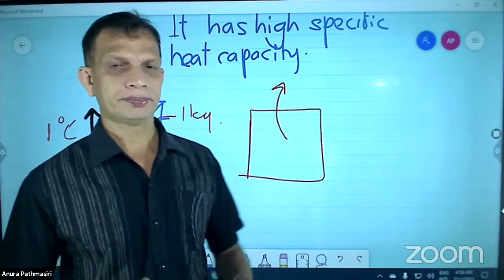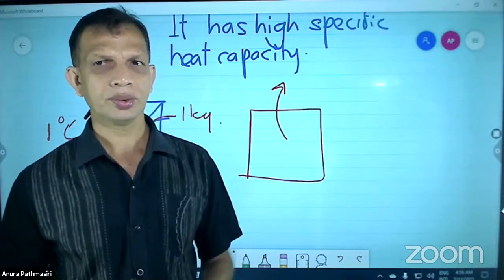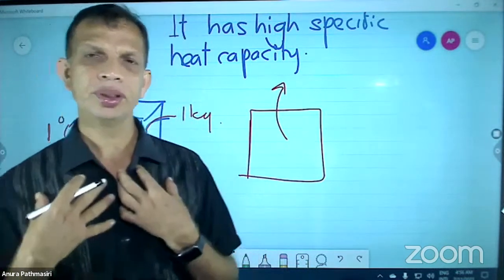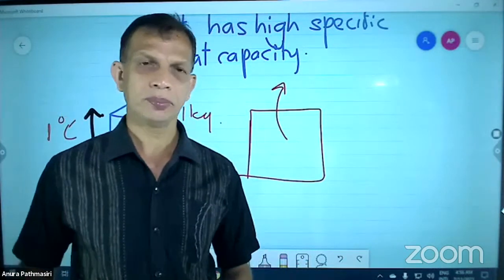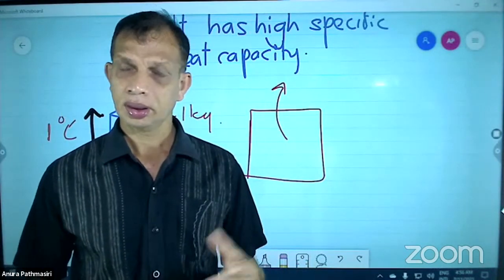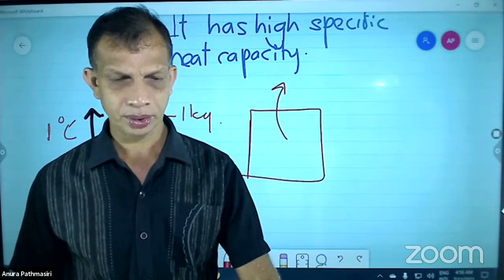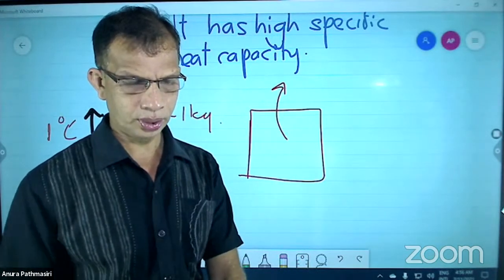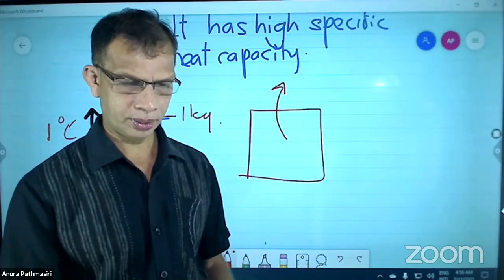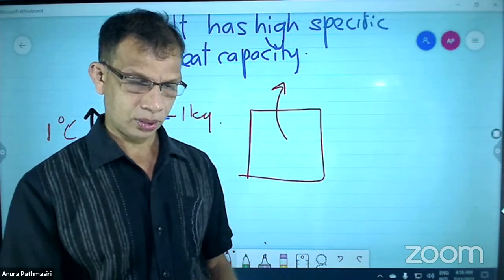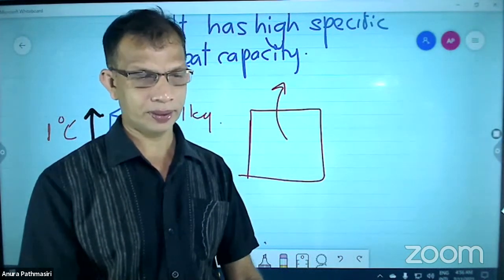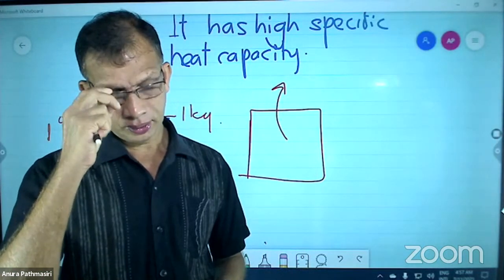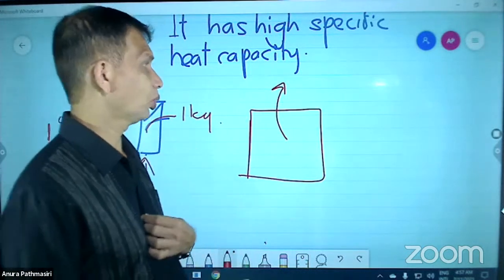Therefore, that actually is essential for us in two ways. One, our body is made of water. Most of the body mass is water. Two-thirds of our body weight is water.